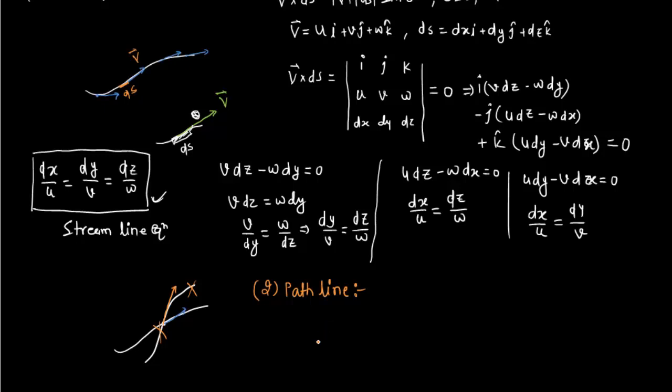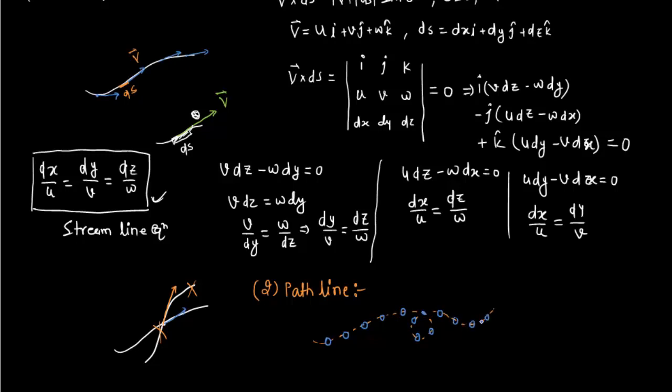So if this is the path line, this is the locus of a single fluid particle. They are not multiple particles, it is a single fluid particle that is moving in the flow over the time interval.